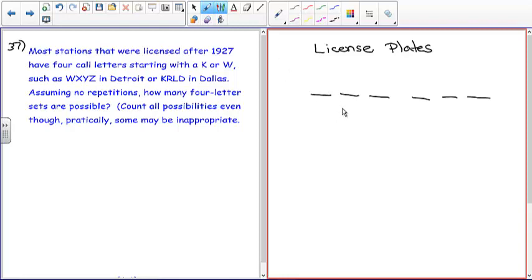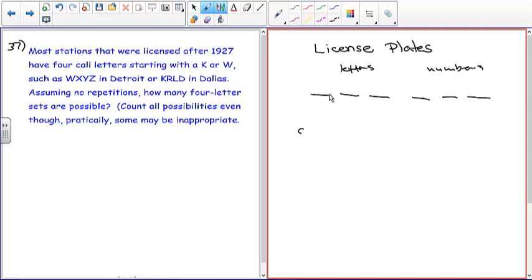I'm sure there are more restrictive rules than I'm going to say, but my rules here are that the first 3 are going to be letters, and the last 3 are going to be numbers.